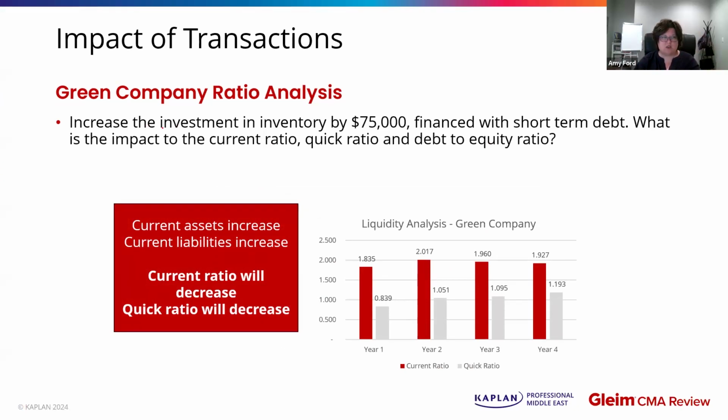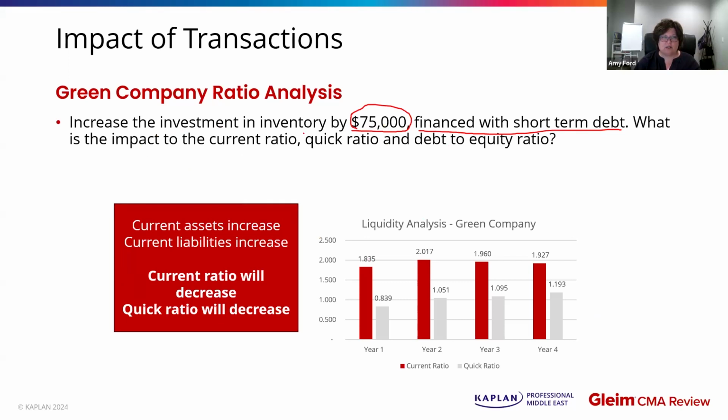They're looking to increase the investment in inventory by $75,000, and they're going to finance that with short-term debt. What's the impact to the ratios? If I were given all of this data as a CMA exam candidate, I have to analyze this.